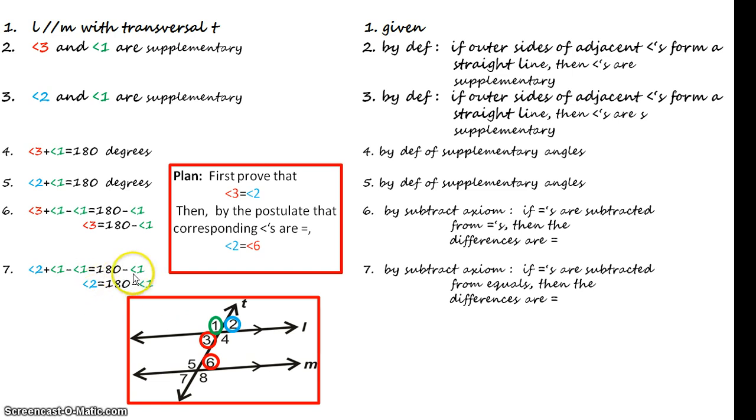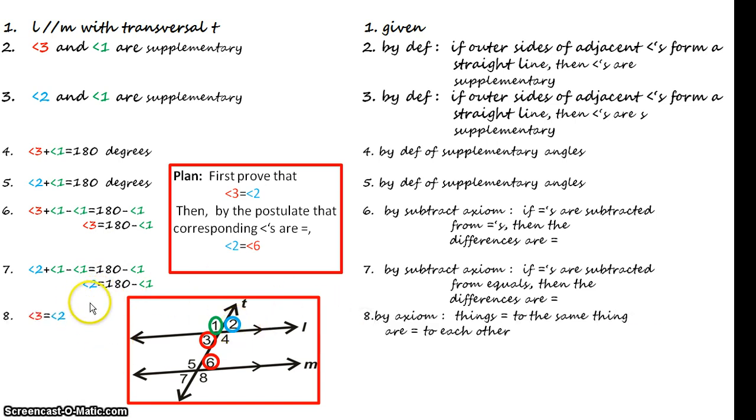The same thing on the other side, we're just subtracting an angle 1, and it leaves us with this statement. So now we can see that we've isolated angle 3 and angle 2, and look at this, they both equal the same thing. So if they both equal the same thing, then they must equal each other.